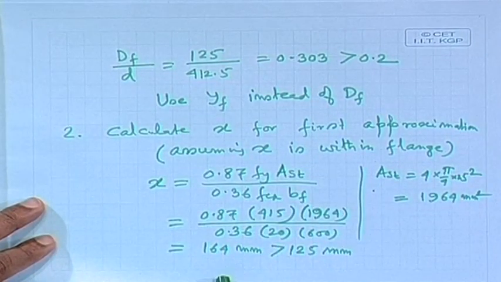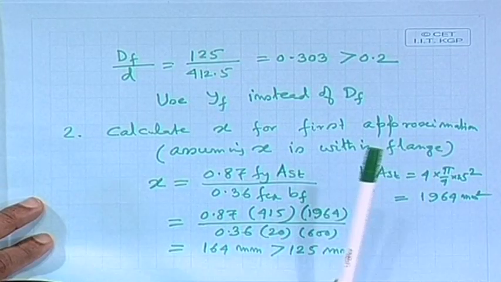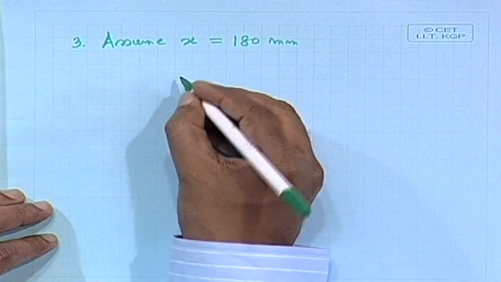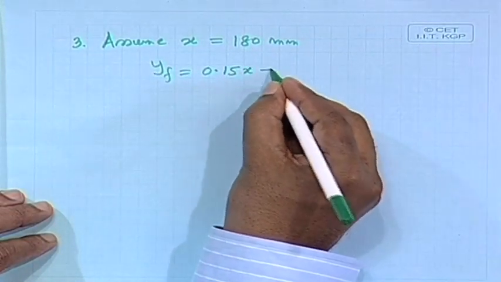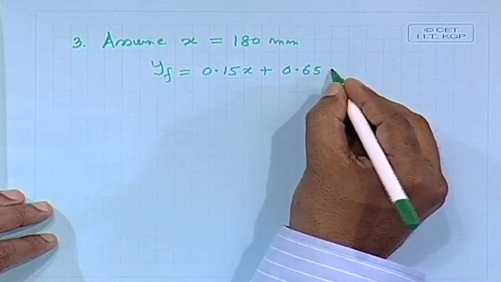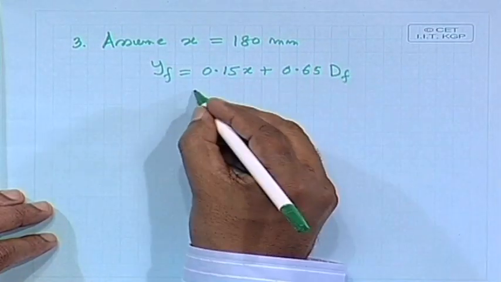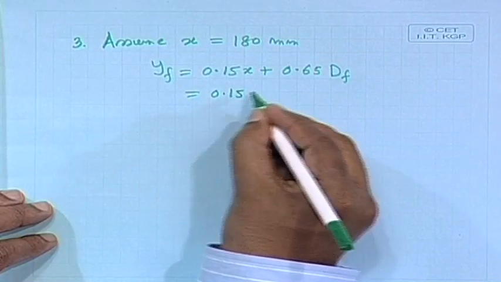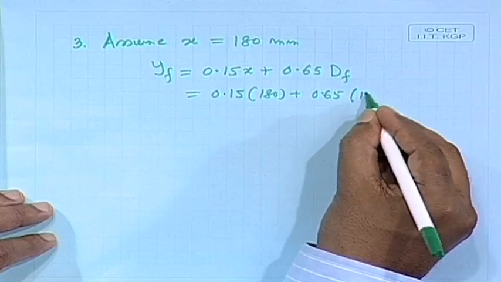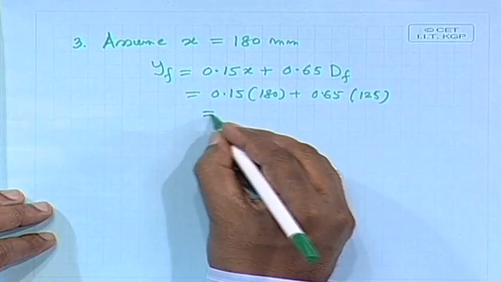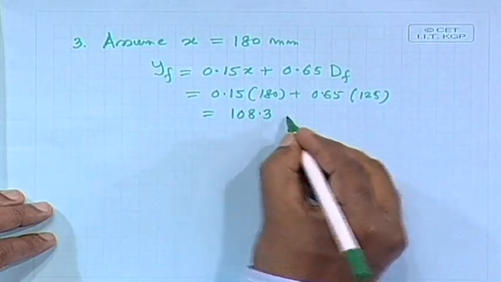On the basis of that I got some x. So I am assuming that it may be 180 millimeter. Then yf equal to 0.15 x plus 0.65 df, that equivalent depth equal to 108.3 millimeter.